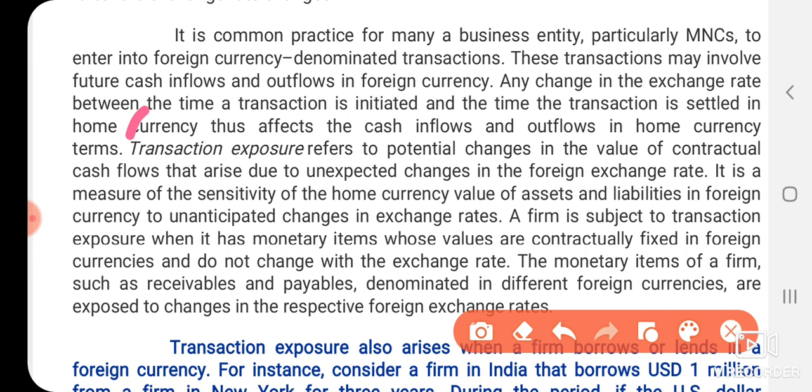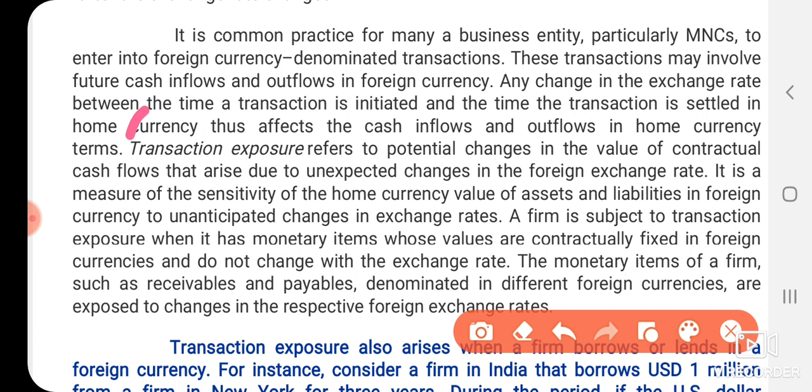A firm is subject to a transaction exposure when it has monetary items, not non-monetary items. In transaction exposure there will always be monetary assets and liabilities only. Only in operating exposure will there be non-monetary assets and liabilities.